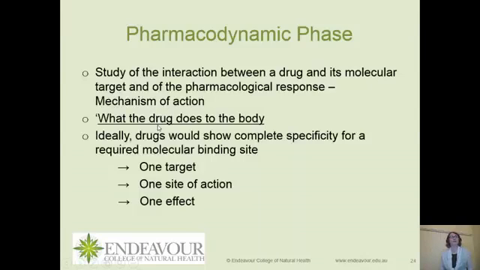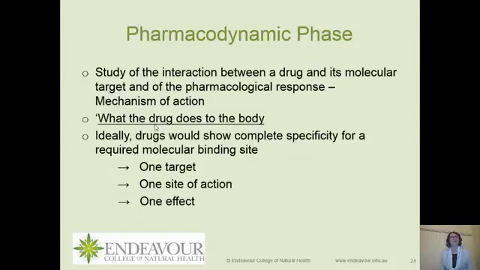So we said pharmacodynamics is what the drug does directly to the body. What we would ideally like with any drug, be it a complementary medicine or a Western pharmaceutical medicine, is for that drug to show a specific action at a specific molecular binding site in the body, but this is an ideal.